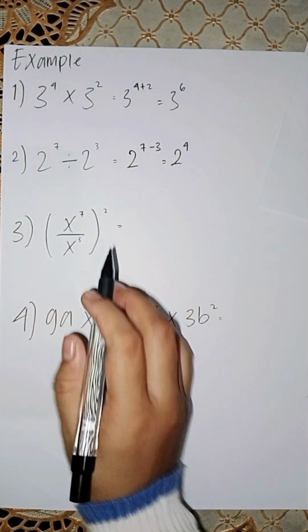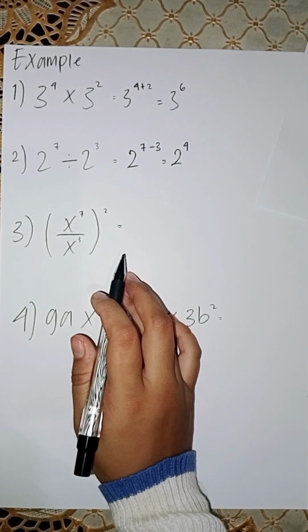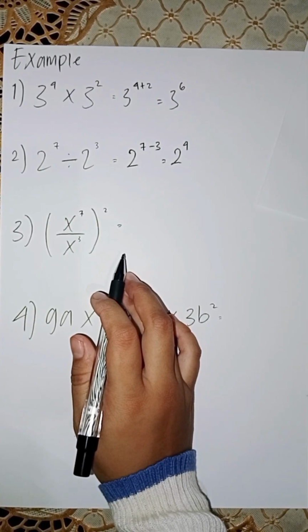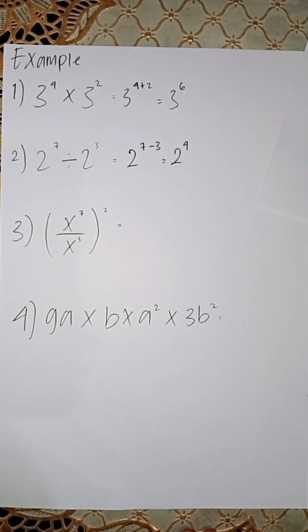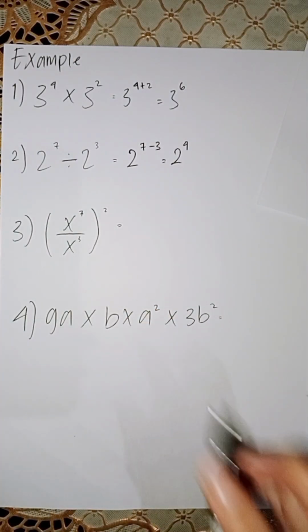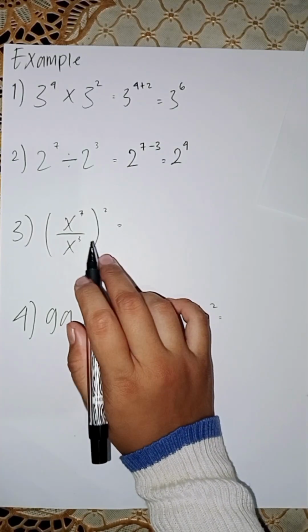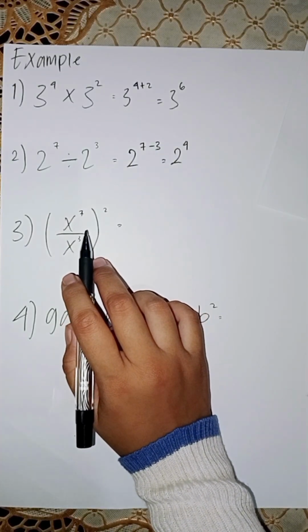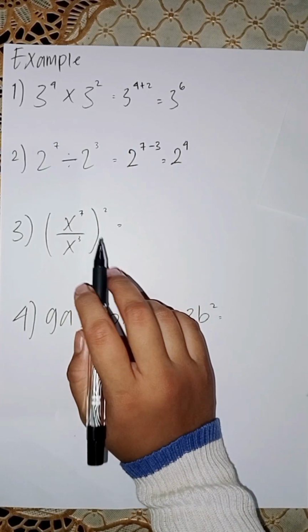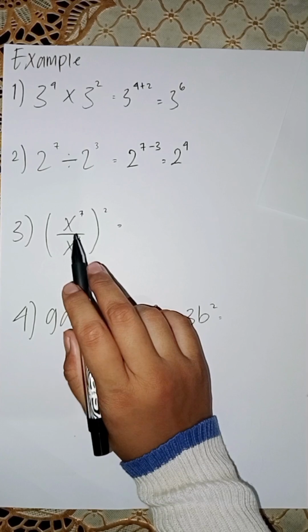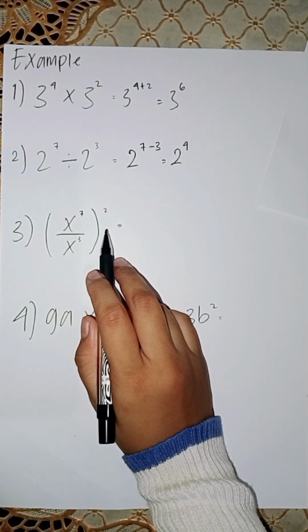The third example is x to the power of 7 divided by x to the power of 3, put in parentheses, then raised to the power of 2.